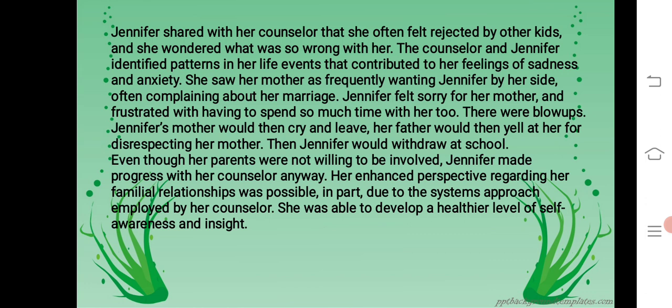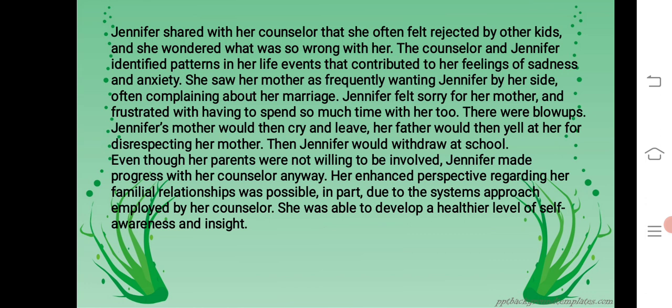Jennifer felt sorry for her mother and frustrated with having to spend so much time with her too. There were blow ups. Jennifer's mother would then cry and leave. Her father would then yell at her for disrespecting her mother. Then Jennifer would withdraw at school.